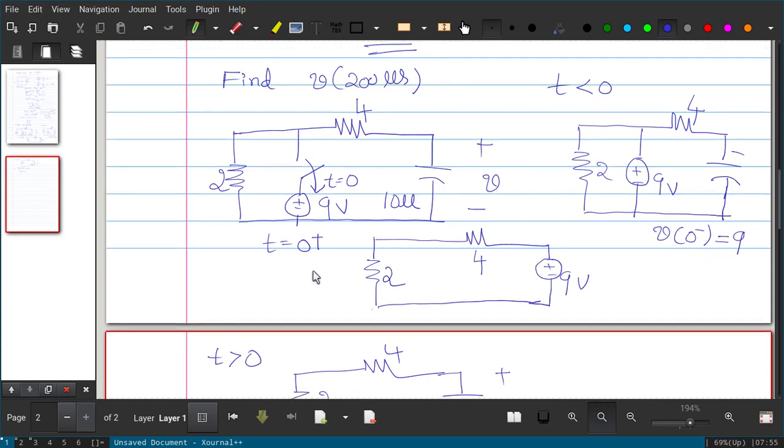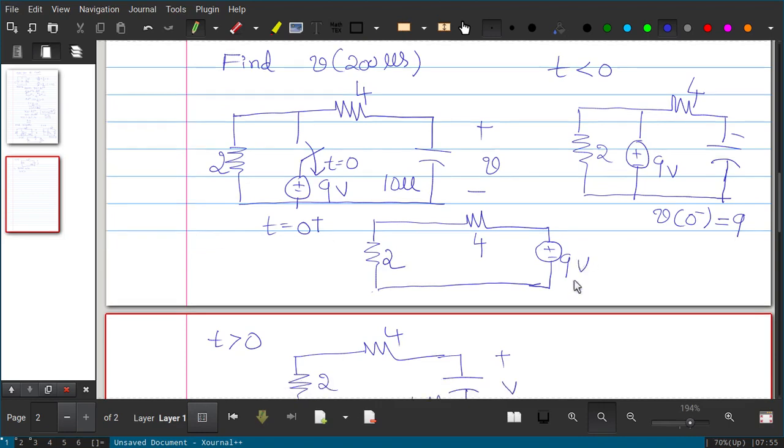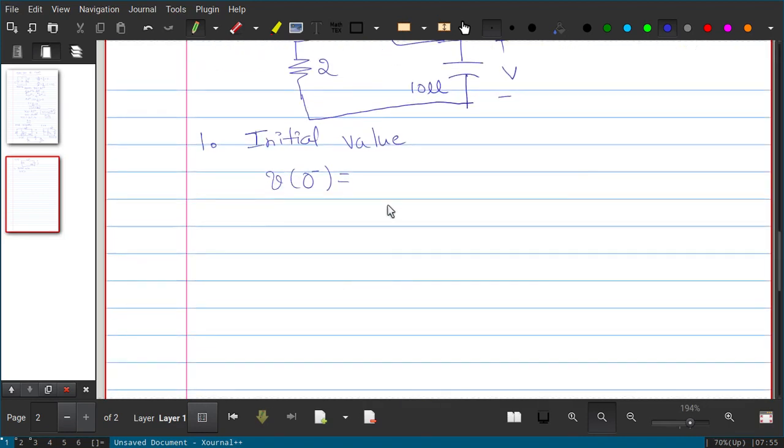At t equal to 0 plus, what is the voltage across the capacitor? V of 0 plus is nothing but V of 0 minus, because the capacitor resists abrupt change in voltage. So this will be 9.